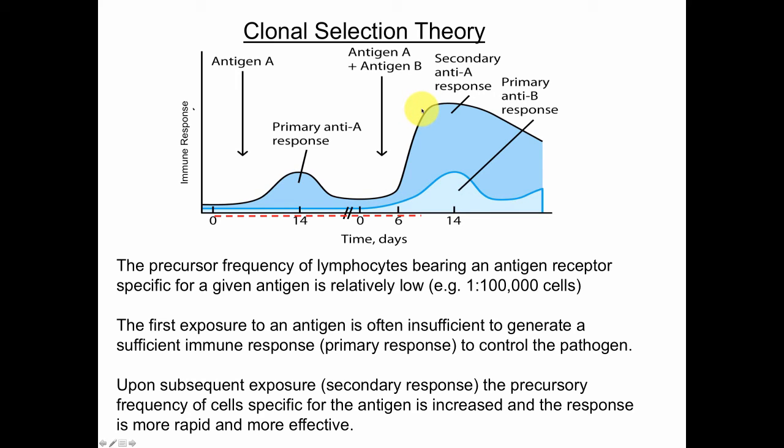The reason that it's quicker and larger in magnitude is in part because the precursor frequency of cells that are specific for the antigen is increased, because of the initial expansion during the primary immune response. Because the precursor frequency is increased, the response the second time you see an antigen is more rapid and more effective.